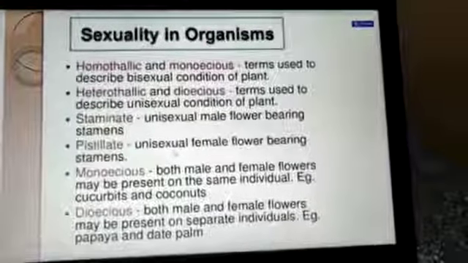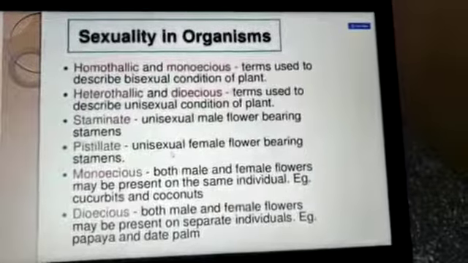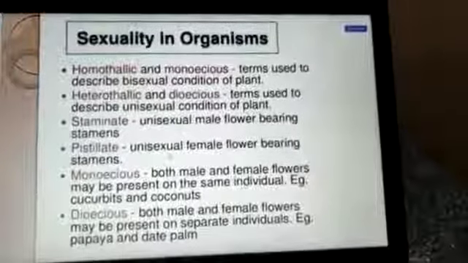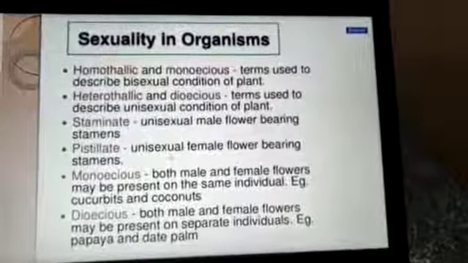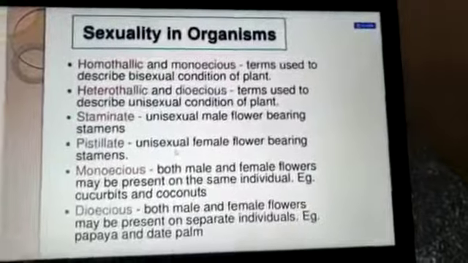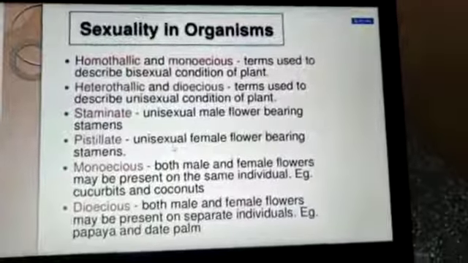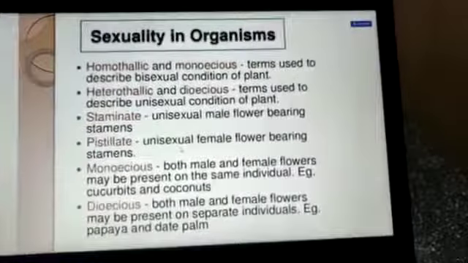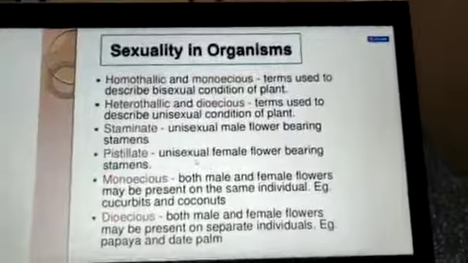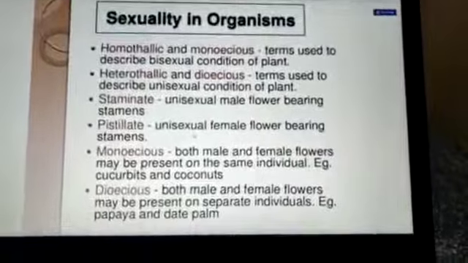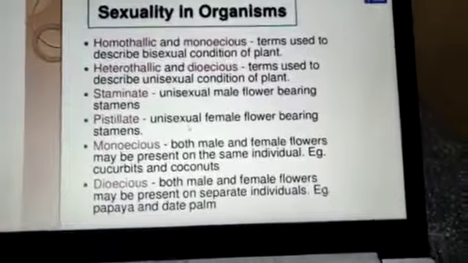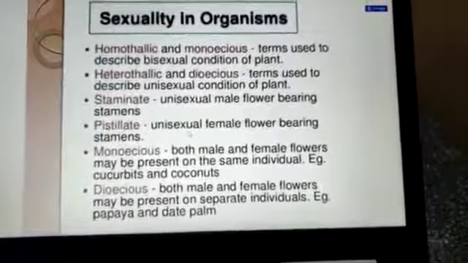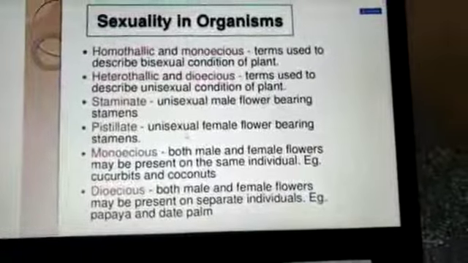Homothallic, thallic means on a single branch or on the same thallus, single body, or monoecious in a single body. These terms are used to describe the bisexual condition of a plant. In a single body, both male and female gametes are formed. Bisexual animals, flowers: hibiscus is the example of a bisexual flower, as well as the earthworm is the example of a bisexual animal.